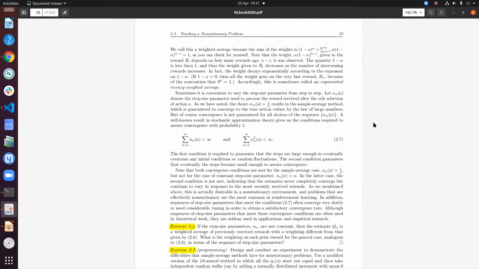And the next condition guarantees that the step sizes become small enough to reach assured convergence.